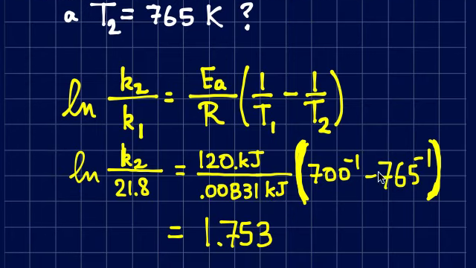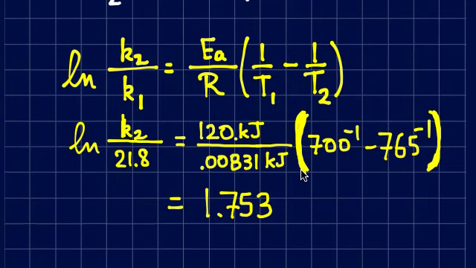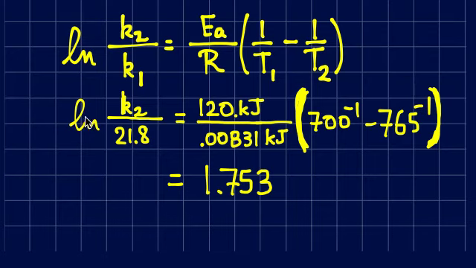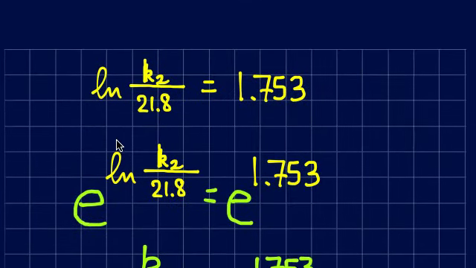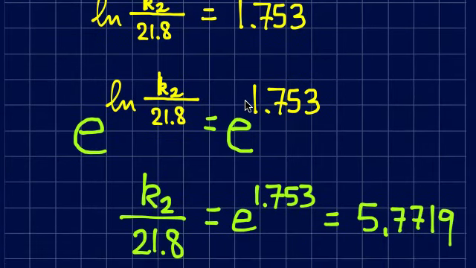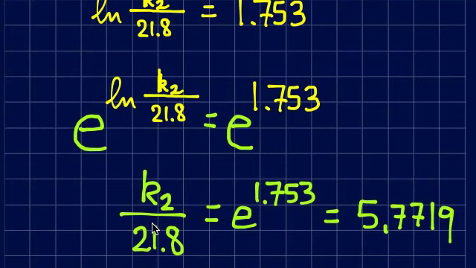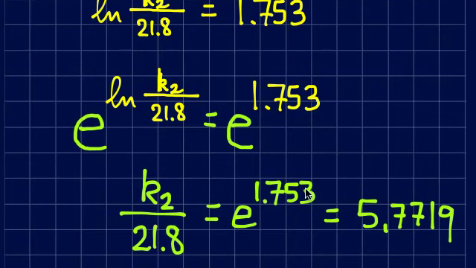Take the reciprocal of this, subtract the reciprocal of that, multiply. I get 1.753, but that's this over here. So let me take e to the x on this side, e to the x on this side. The e and natural log cancel, and k2 over 21.8 equals e to the 1.753.